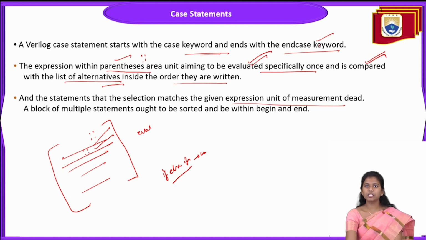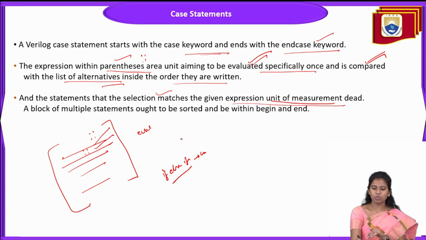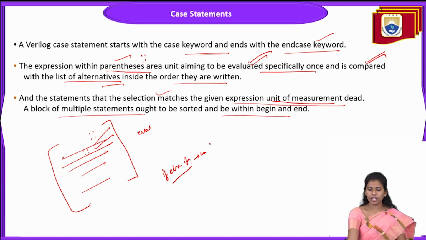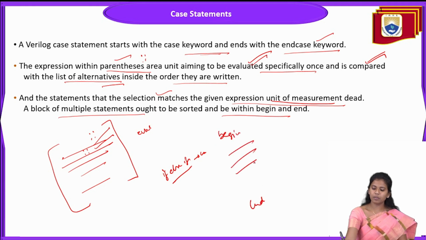So here, once it is evaluated and compared, it must select, or else it must match the present expression, the other expressions which are present in the list. The block of multiple statements is to be placed within begin and end. So within this begin and end, we will find multiple statements.